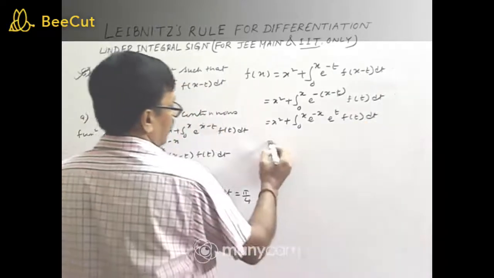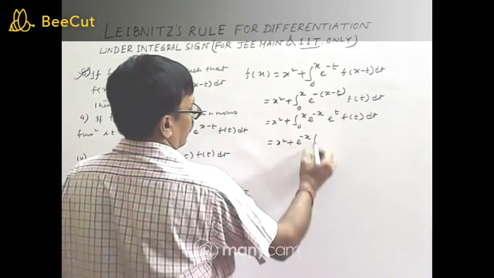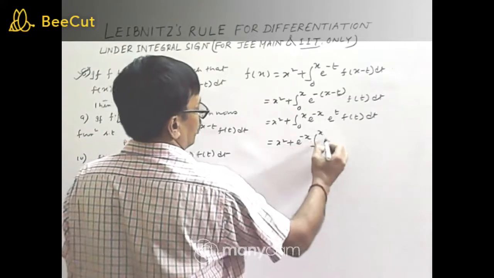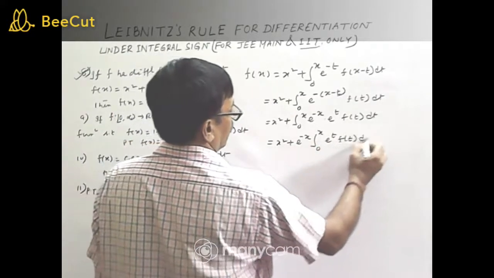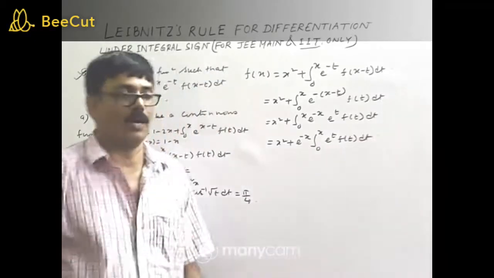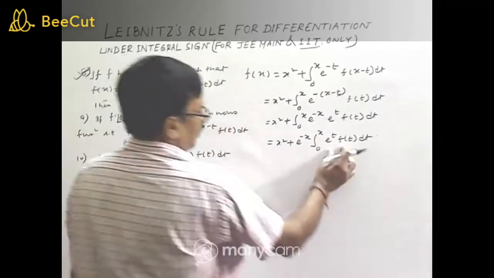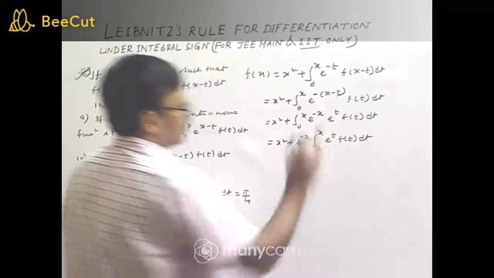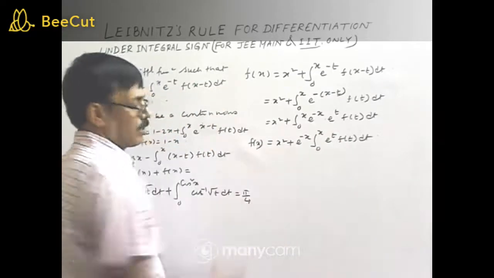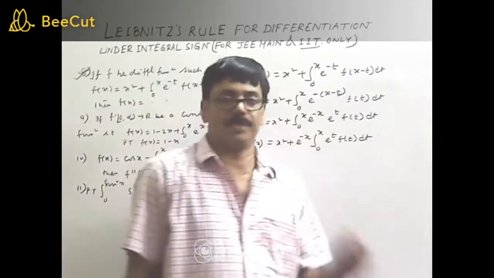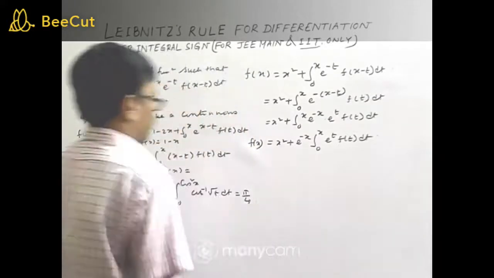Now this equals x square plus e to the power minus x outside the integral from 0 to x of e to the power t f(t) dt. Now this is our main f(x). Within this integral, it is a function of a single variable. So this is f(x). So now we differentiate it with respect to x.